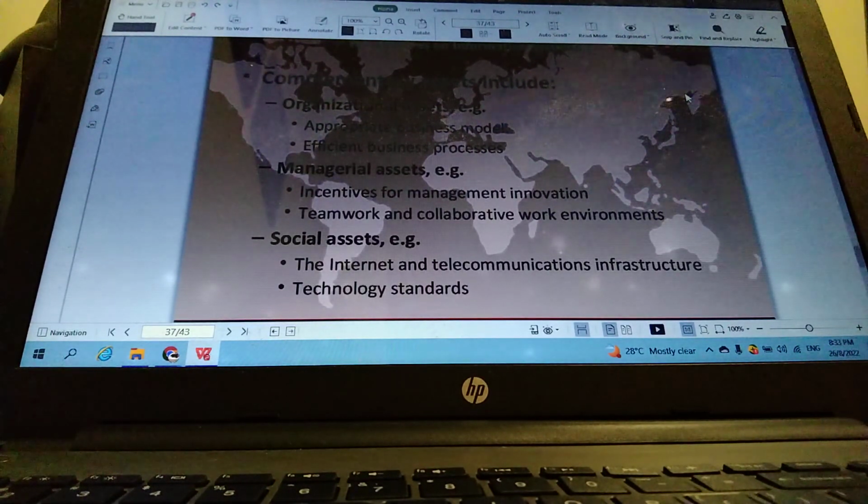So in terms of complementary asset, let's look at the details slightly. For example, in terms of organizational asset, we are looking at the business model itself. Of course, the old business model doesn't work anymore under the new system. So we got to look into the new business model, the details, the activities.